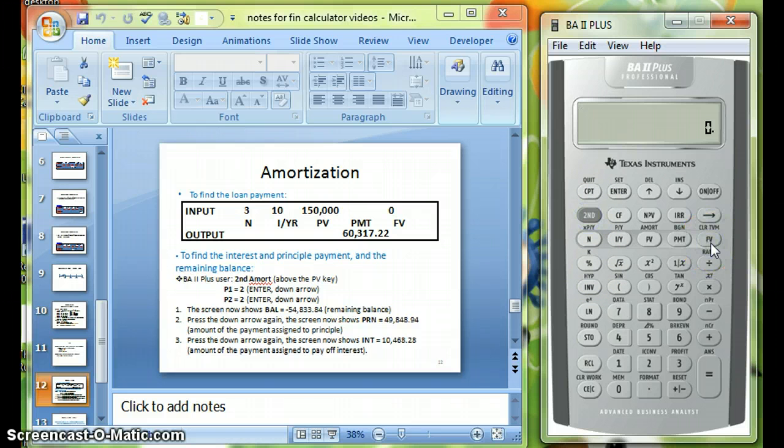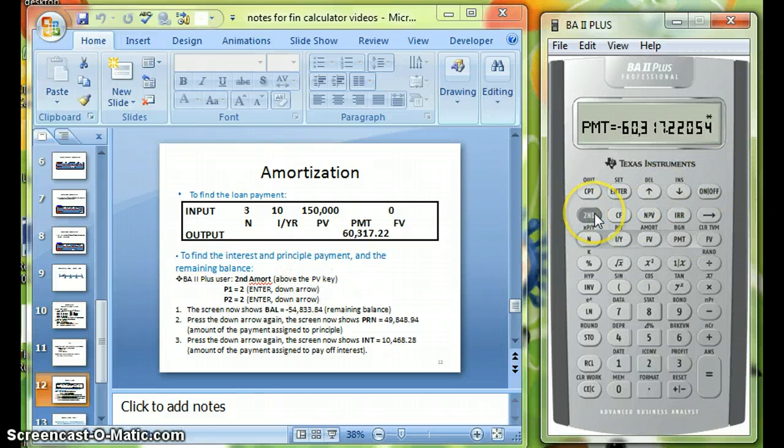So we clear all the previous work and we start inputting $150,000, the principal of the loan, as the present value, 3 years, 10% interest rate, 0 FV, compute payment, 60,317.